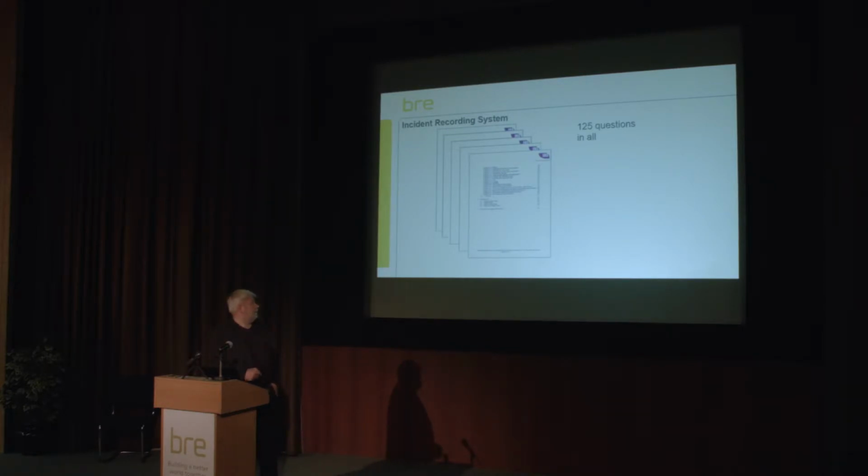The contents shot through rather quickly there, but there are about 5 pages of contents, over 100 different questions, so a lot of detail is available on each fire, and clearly this is far more than can easily be published. So if you do need to get into the fire statistics in detail, the route is to make a request to the Home Office and explain what you're trying to do and why, and then hopefully they will give you the subset of data that you need.